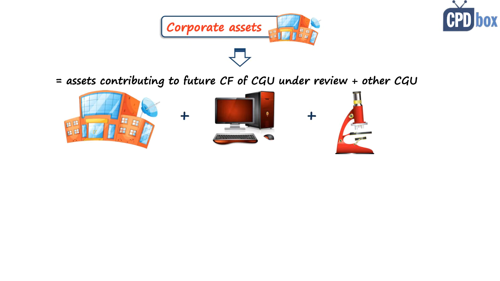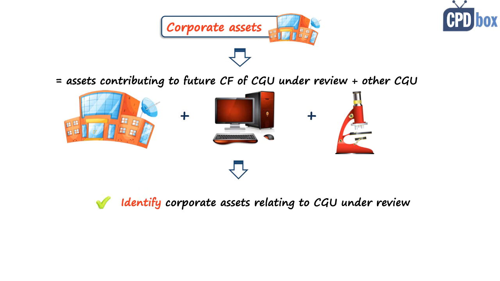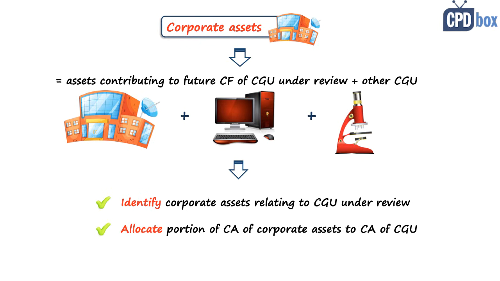And if you have some corporate assets and you're testing cash generating units for impairment, you also have to identify these corporate assets that relate to that cash generating unit under review and include a portion of corporate assets' carrying amount into the carrying amount of that cash generating unit. So you would allocate the carrying amount of corporate assets into the carrying amount of cash generating unit under review.